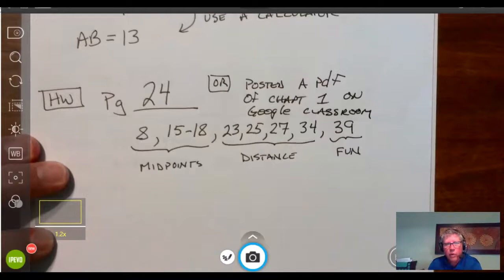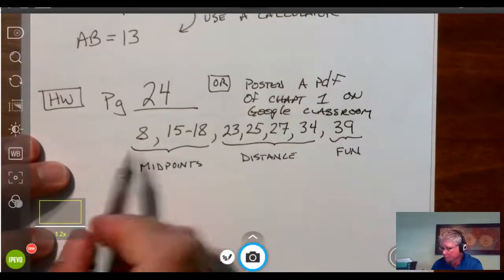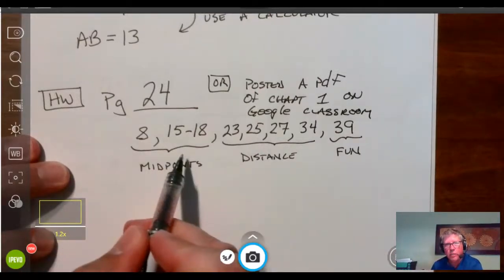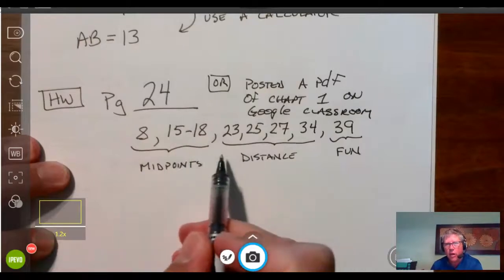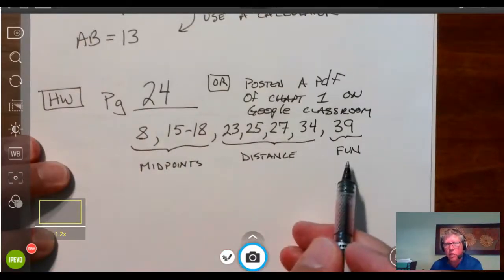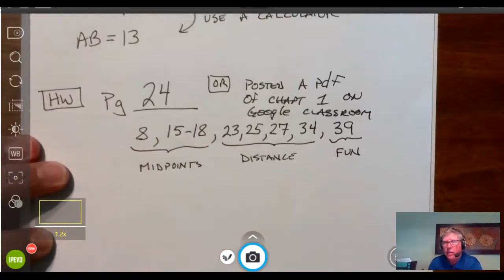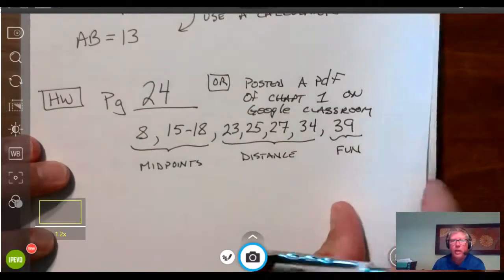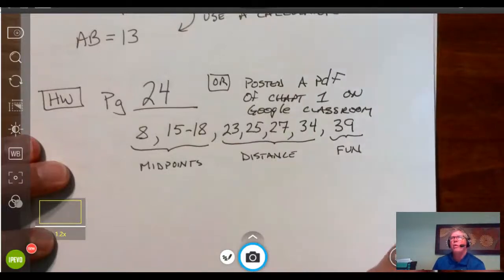What I'm looking for is those problems. Notice there's 4 midpoints, 4 or 5. There are 4 distance, and there's one really fun one. That is not a lot. I'm happy to give you a couple hundred problems. So the key here is please show your work and kind of walk away going, I feel comfortable with that.